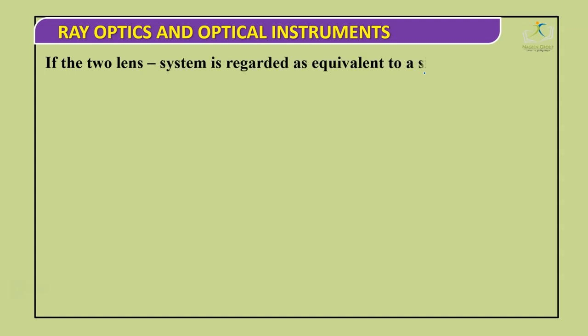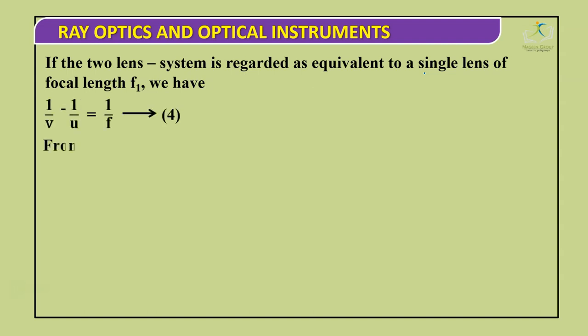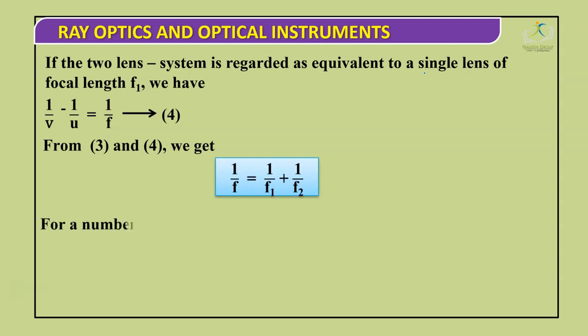If the two lens system is regarded as equivalent to a single lens of focal length f, we have 1 by v minus 1 by u is equal to 1 by f. From equations 3 and 4, we get the relation 1 by f is equal to 1 by f1 plus 1 by f2. For more lenses, we have the formula 1 by f1 plus 1 by f2 plus 1 by f3.